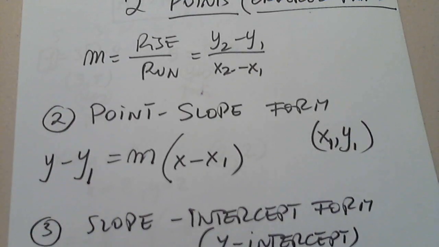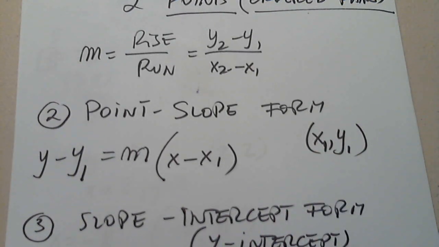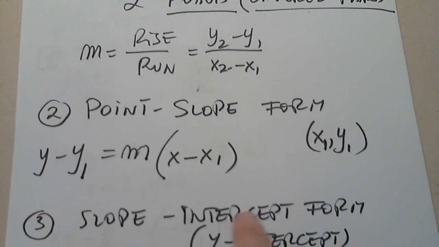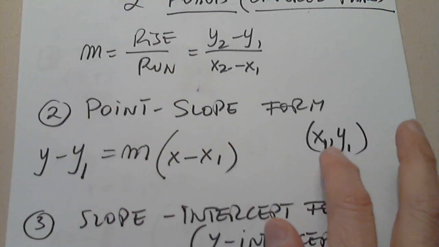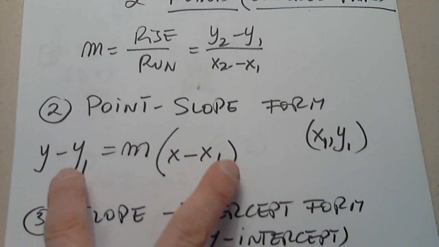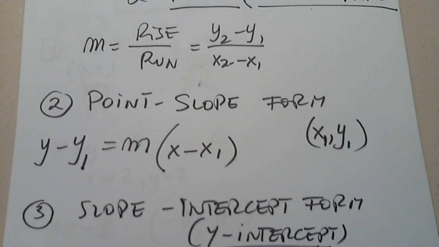The point slope form, when we are given a point, not 0 comma a number. If we have 0 comma a number, this is a lucky case because we can use the slope intercept form, which is much easier to handle. But if I'm not given 0 comma a number, I have to use this equation, which is point slope form. This is slope intercept form.